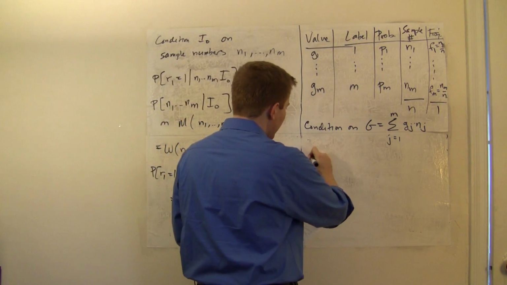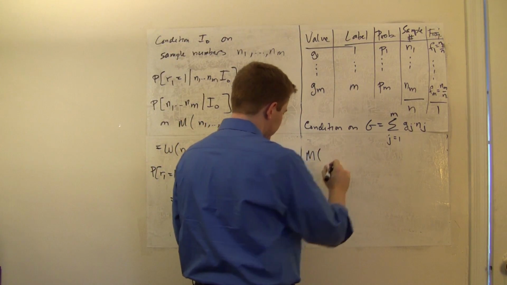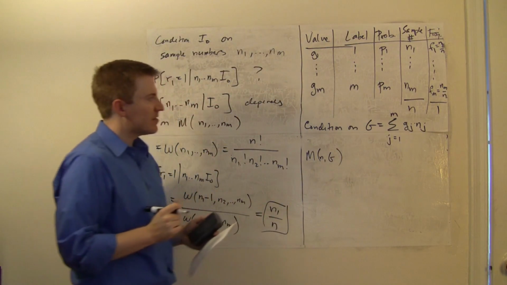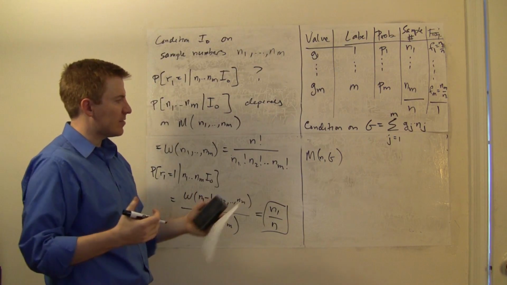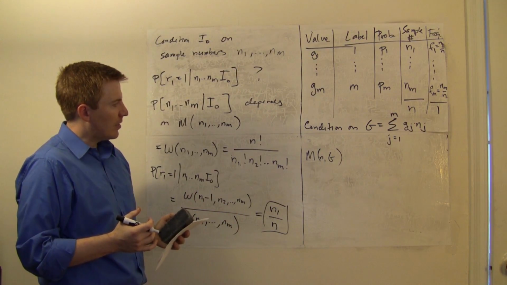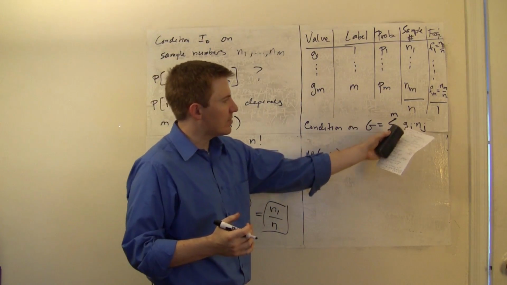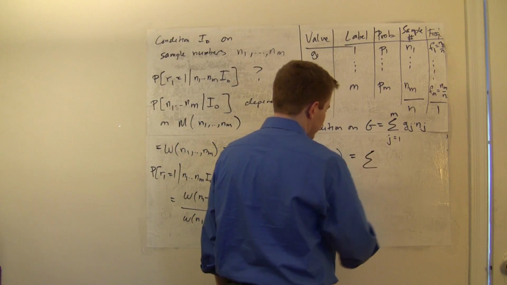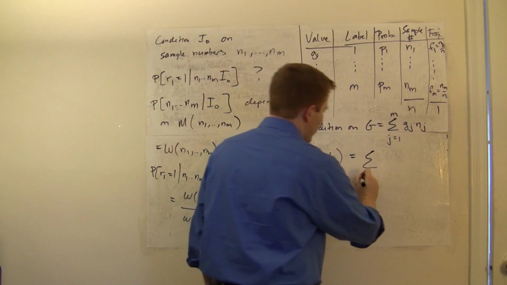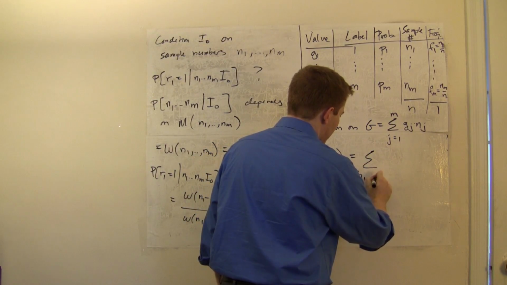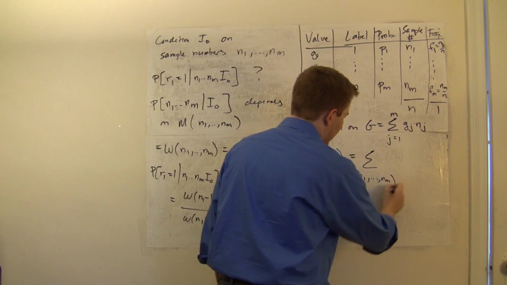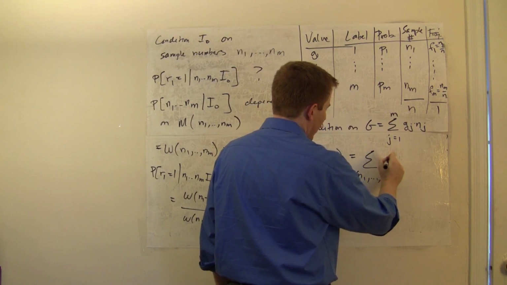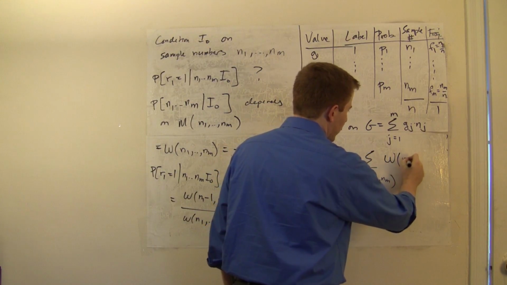In particular, we know that we're going to need the multiplicity, which we'll write as the multiplicity of getting this event G. So basically the number of ways of writing out a sequence of results that have this sum total value equals capital G. Well, that's going to be a sum over some possible sample numbers, which we'll write n1 through nm, of the multiplicities for each one of these sample numbers.